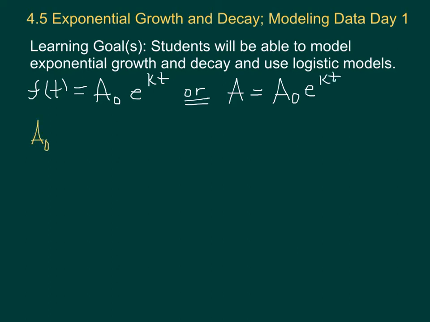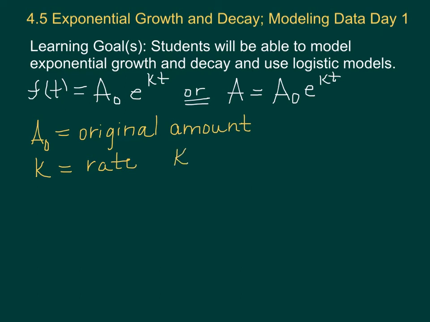So A of 0 is your original amount. And what you're doing is you're trying to look at how something grows or decays at a certain rate over time. So k would be the rate of how something is growing or decaying.